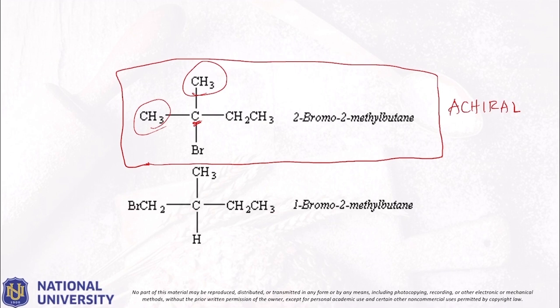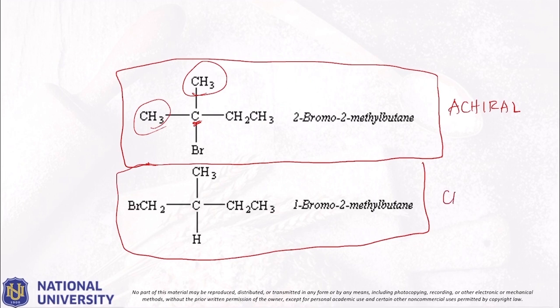They are the same. So, that is achiral right away. Next, this one. 1-bromo, 2-methylbutane. Is this chiral or achiral? This is chiral, since 4 different groups are attached to the carbon.